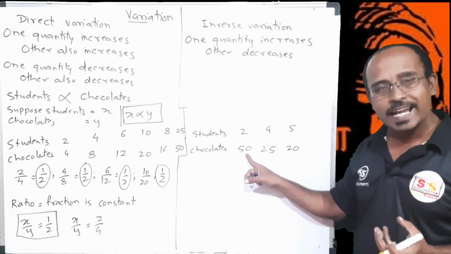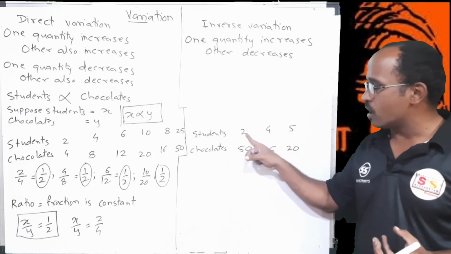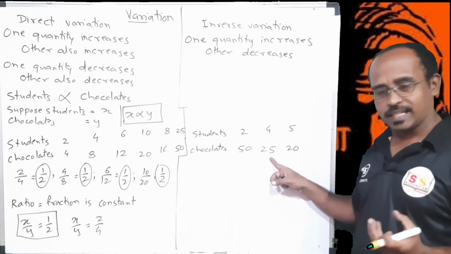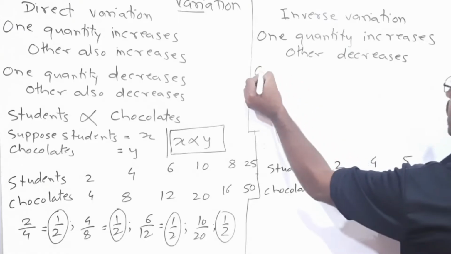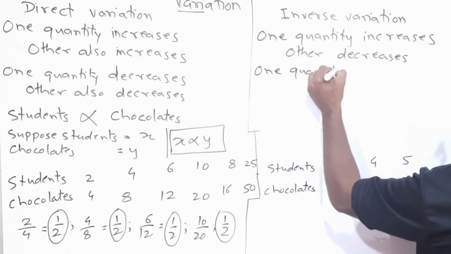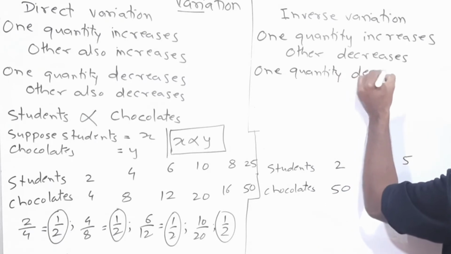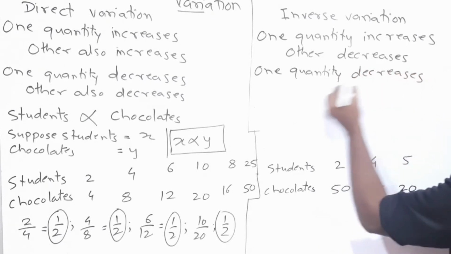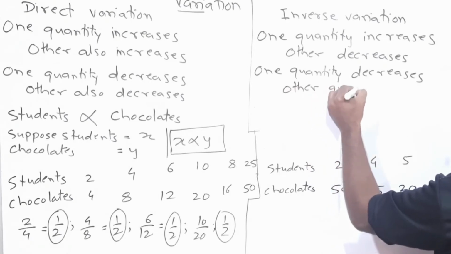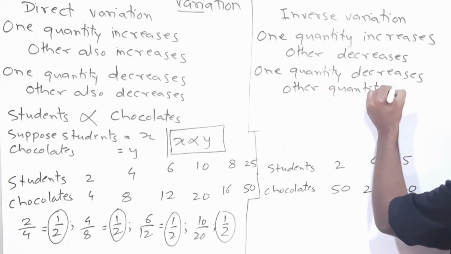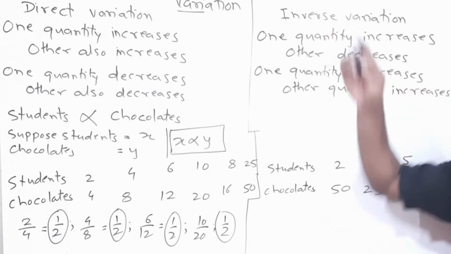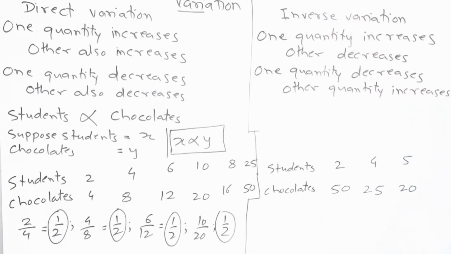They will increase. Means if one quantity is decreasing, another quantity is increasing. Means if one quantity decreases, other quantity increases, and such kind of variation is called as inverse variation.